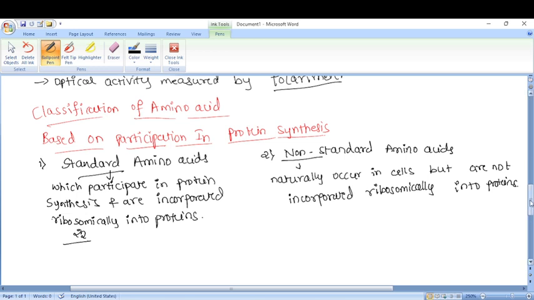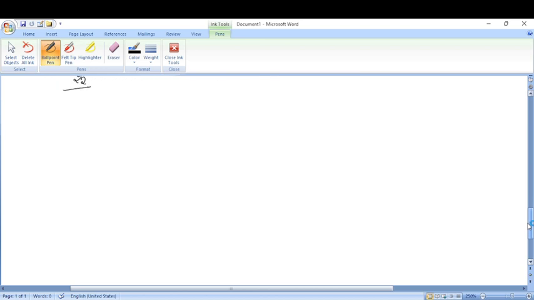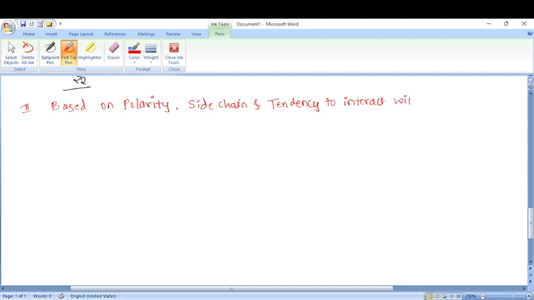Next classification. Further, these standard amino acids are classified based on the polarity of their side chain and tendency to interact with water.